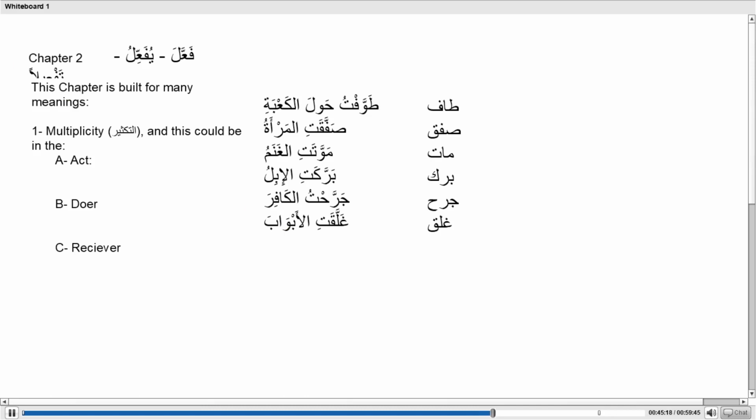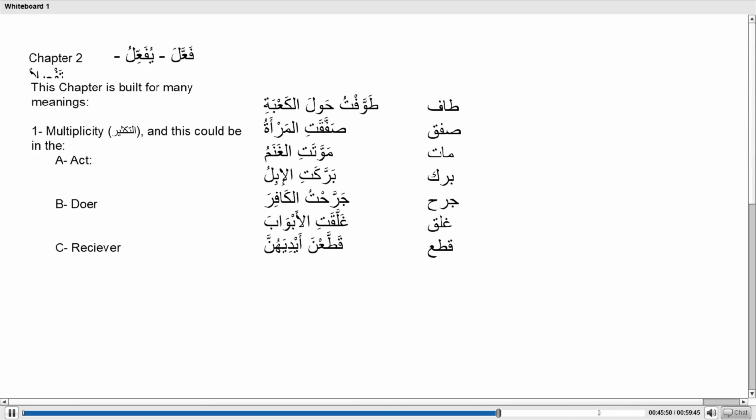Let's write what this blessed sister mentioned, which is قَطَّعْنَ أَيْدِيَهُنَّ. قطعن is from قطع, and قطع means cut. Okay? So now, قطعن أيديهن.